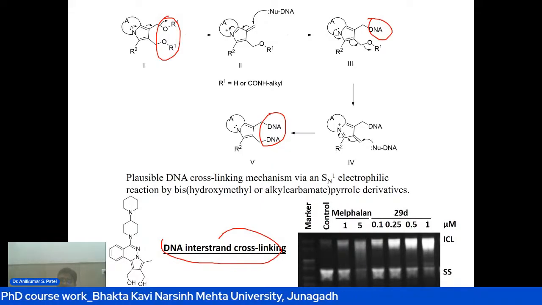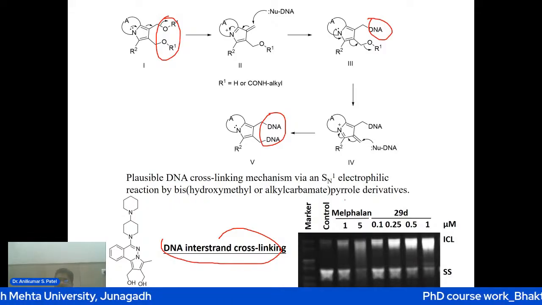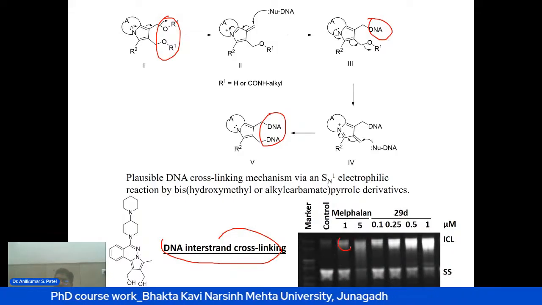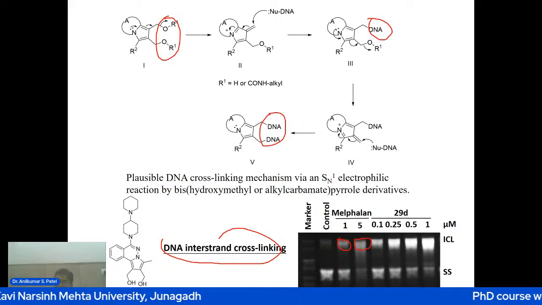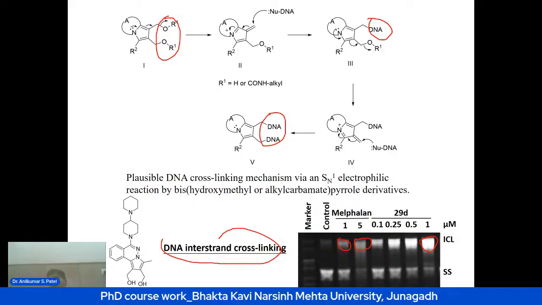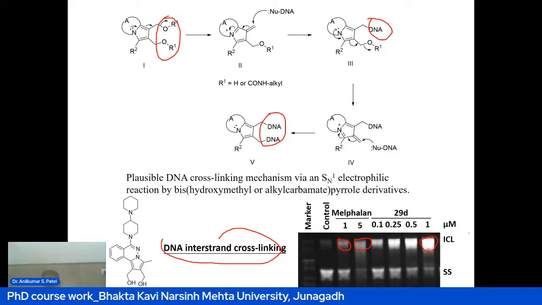We checked this through electrophoresis, and we took a control, which shows the single strand. Then we can see that melphalan at 5 micromolar shows single-strand as well as DNA intercalation, whereas we found that 1 micromolar of our compound shows very strong DNA interstrand cross-linking.